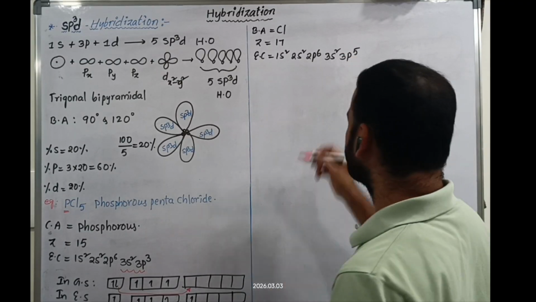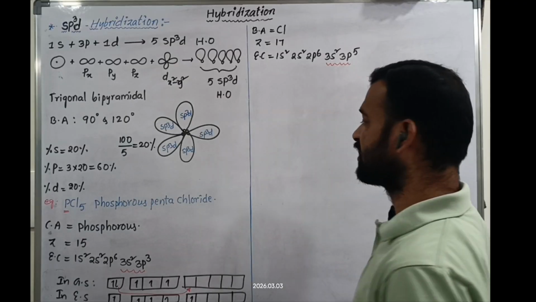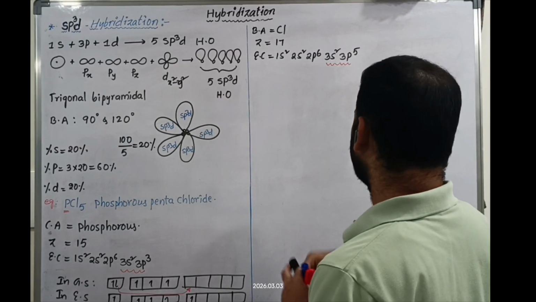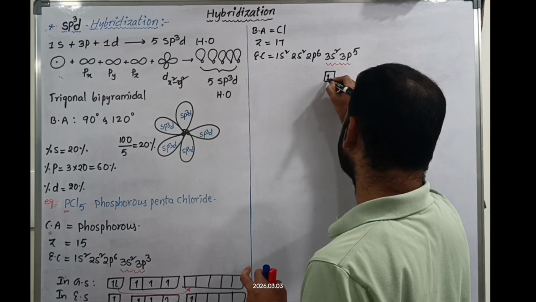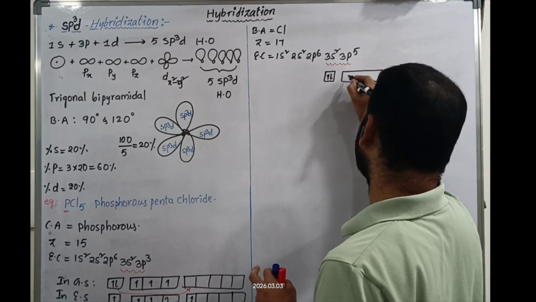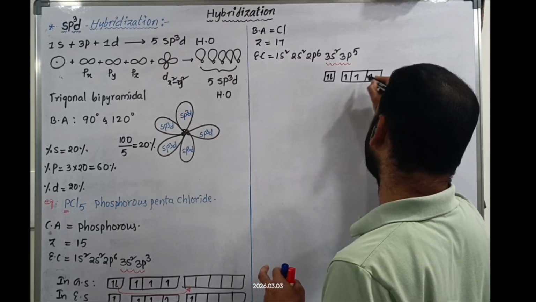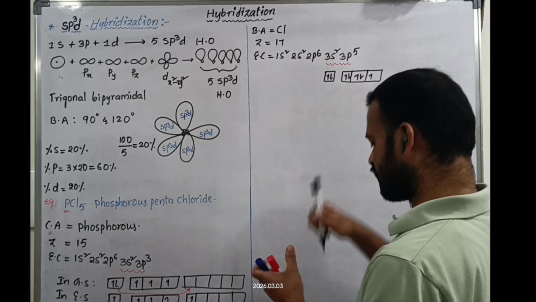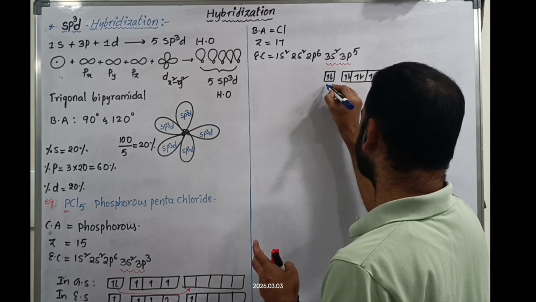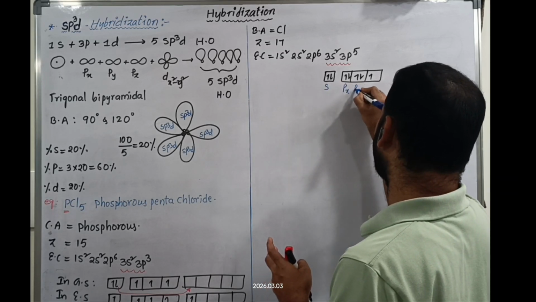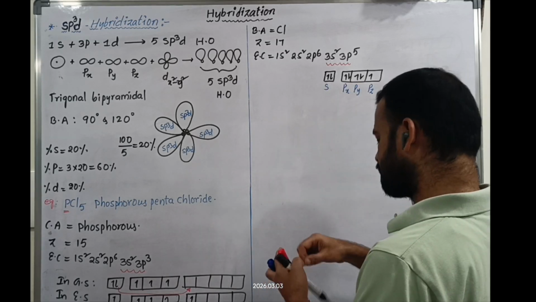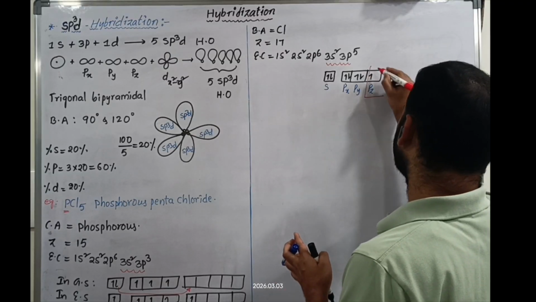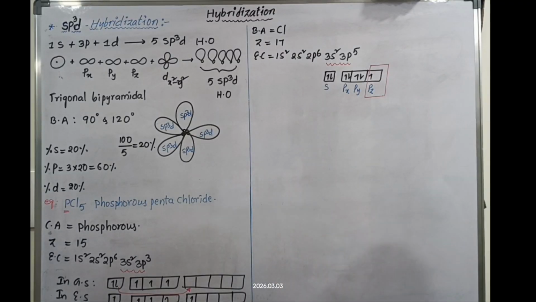Consider the outermost electronic configuration: in the s subshell 2 electrons, in the p subshell 5 electrons are there. Here it is the s orbital, and px, py, and pz. This pz orbital contains an unpaired electron.